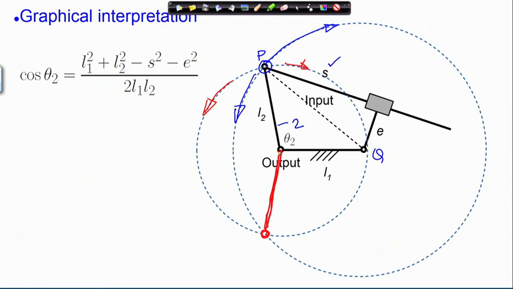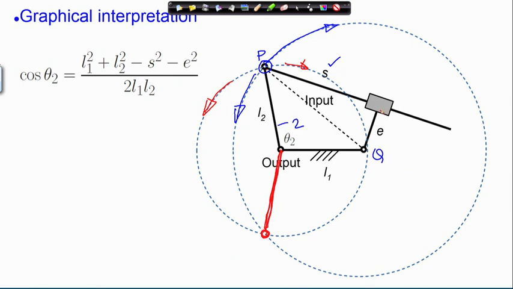Now, what about the hinge P on this coupling link? So, that has to go like this.